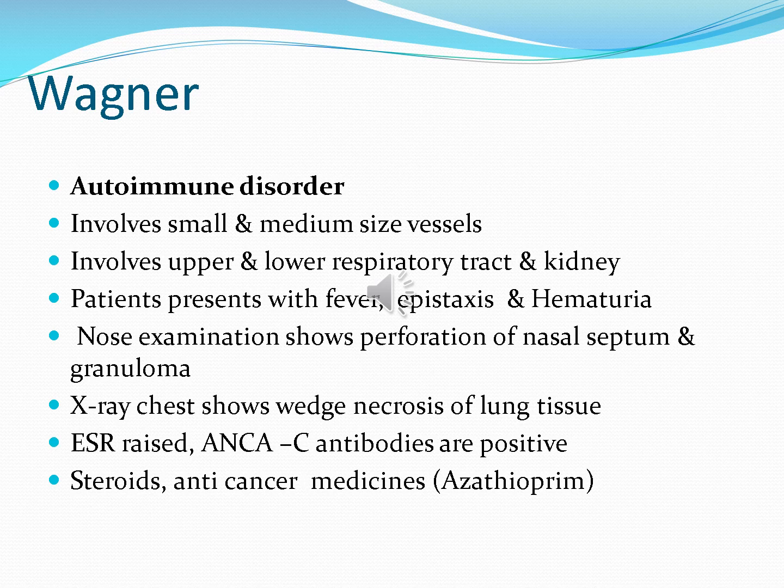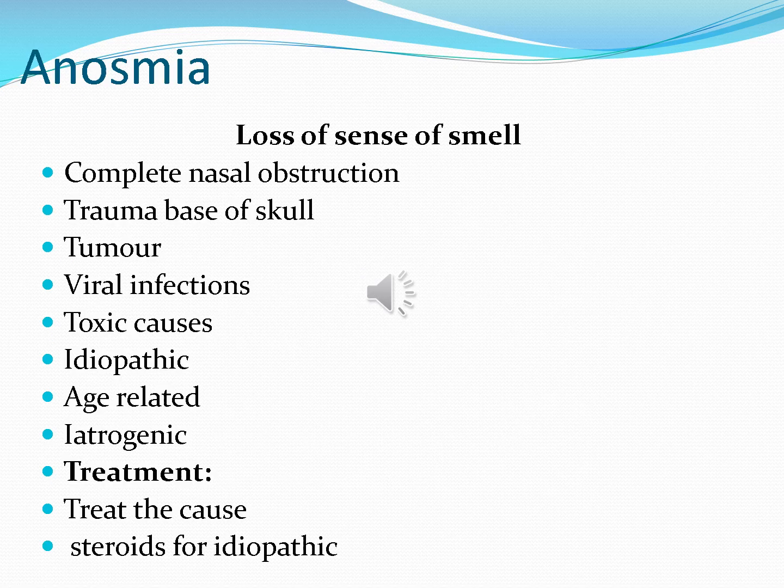The confirmatory test is ANCA, that is anti-neutrophil cytoplasmic antibodies, which will be raised in these patients. Treatment: as we give steroids in autoimmune disease, steroids are given. Anti-cancer medicines such as azathioprine can also be given to lower the immunity of the patient. You might get some MCQ from this.